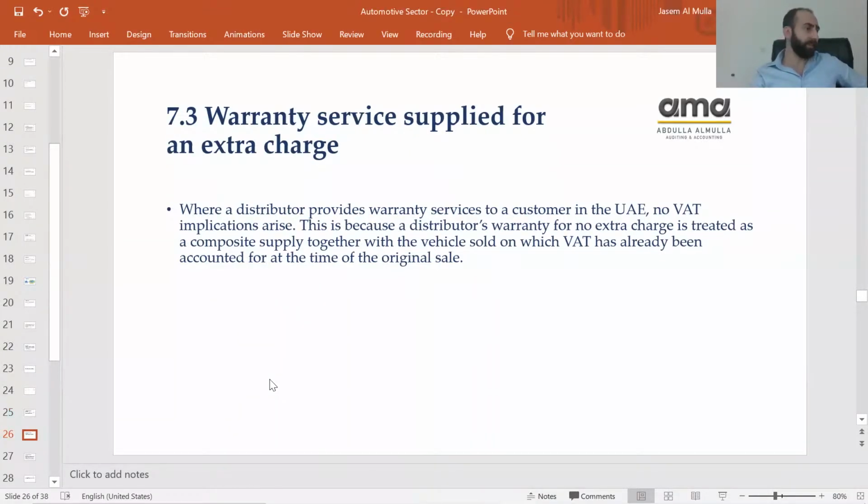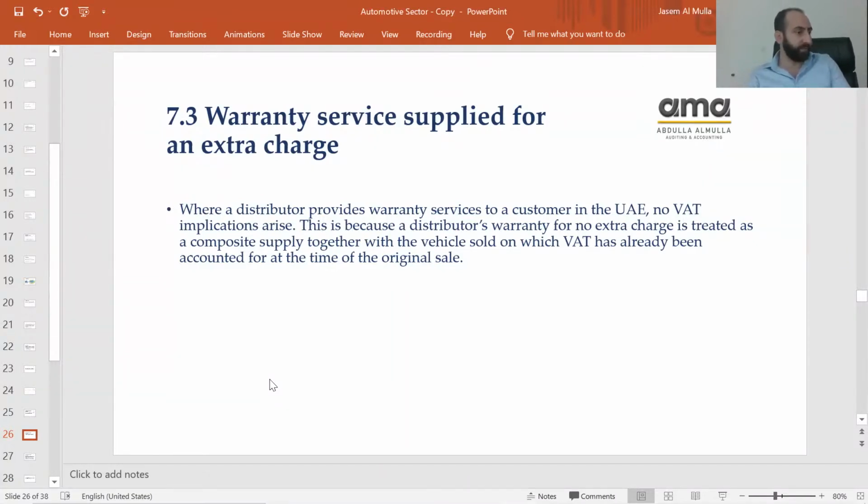The supply made by the distributor under a warranty arrangement with the manufacturer is a separate supply for VAT purposes.